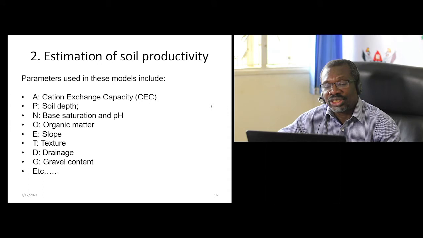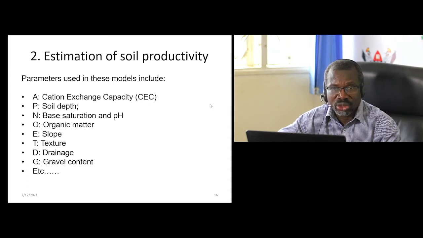There are several parameters used in those models: cation exchange capacity, soil depth, base saturation, organic matter, slope, texture, drainage, and gravel.